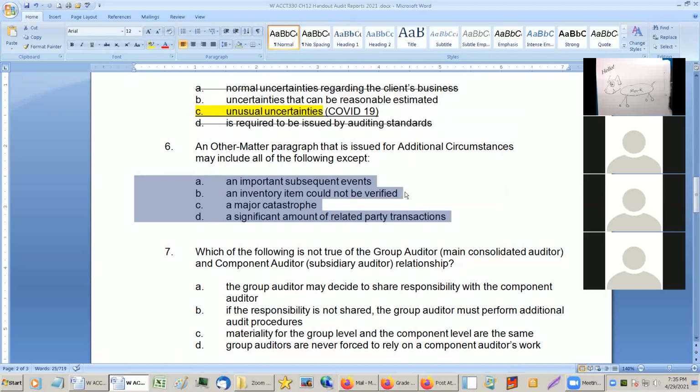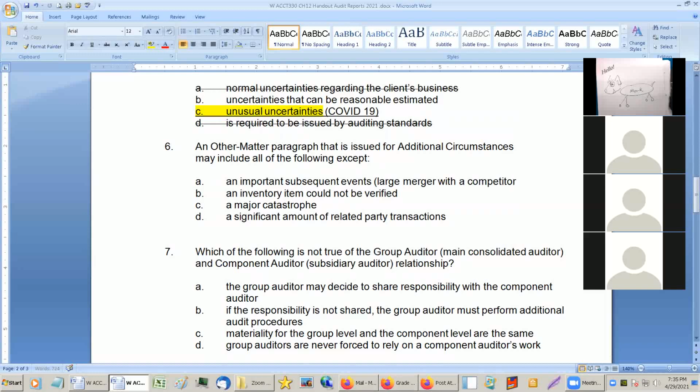Let me give you an example of a subsequent event. So let's say a large merger with a competitor. Subsequent events are things that happen after the date.